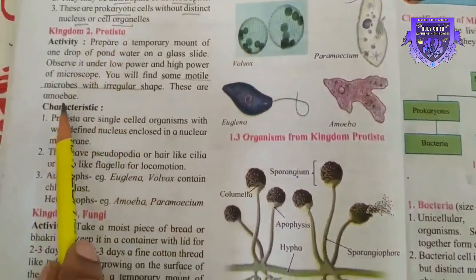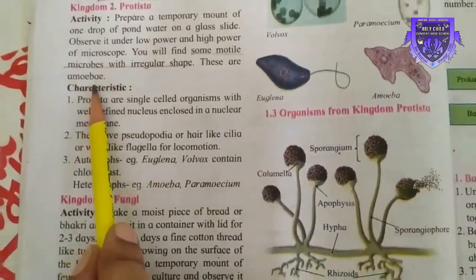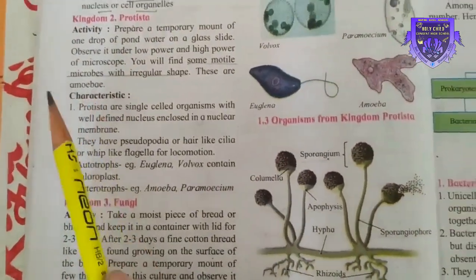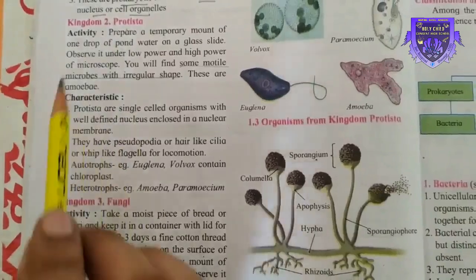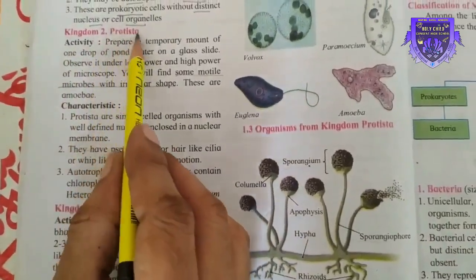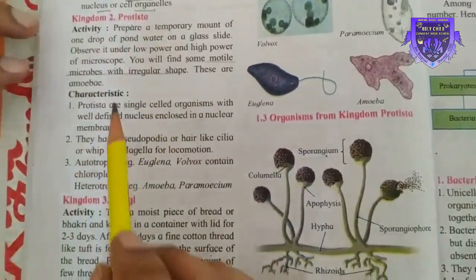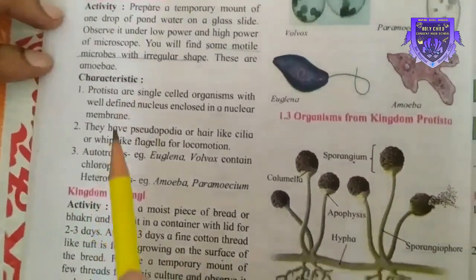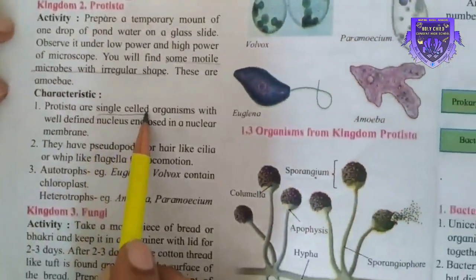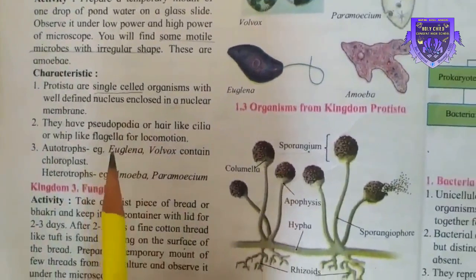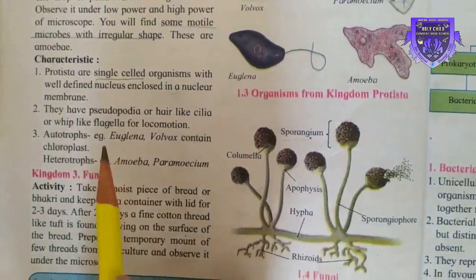They are nothing but the amoeba. Now, these organisms belonging to Protista have certain characteristics, like they are single-celled organisms, means they are unicellular.